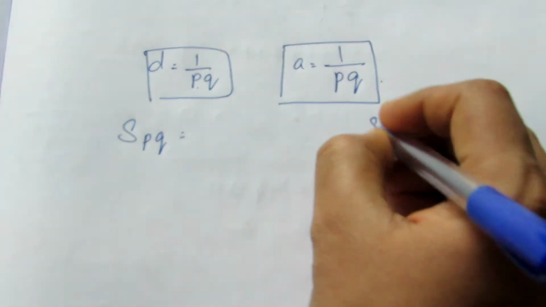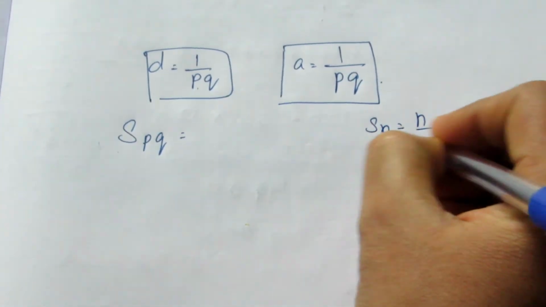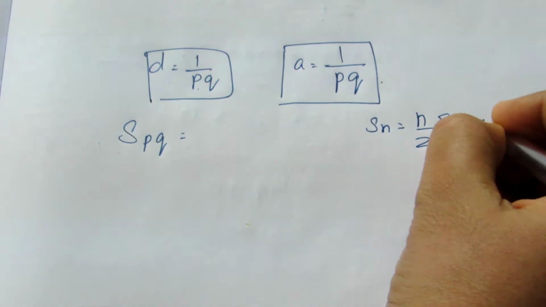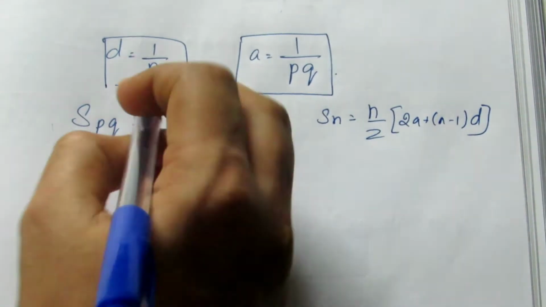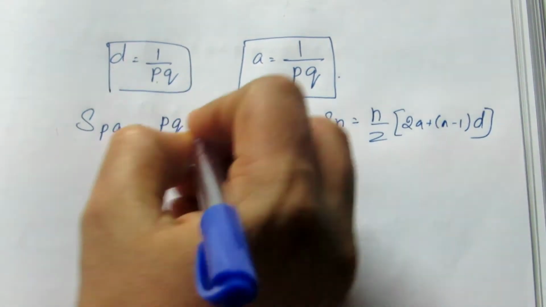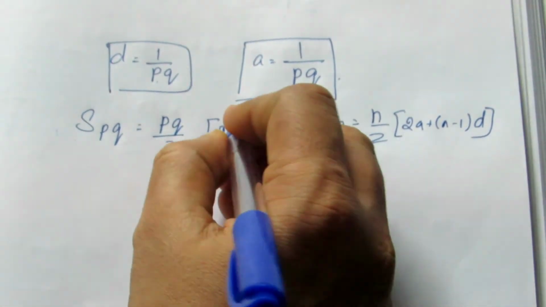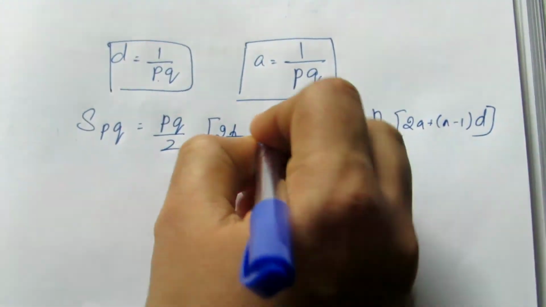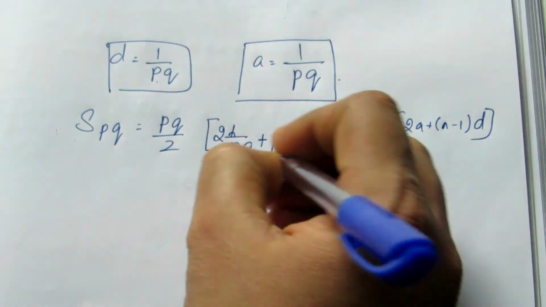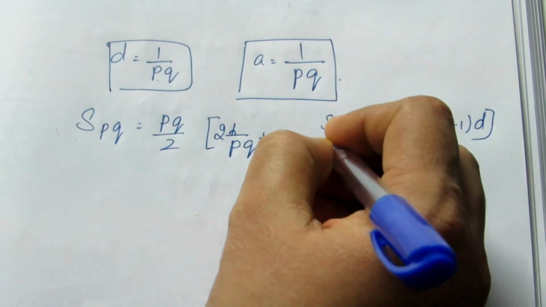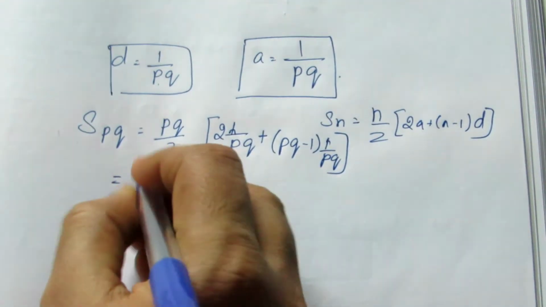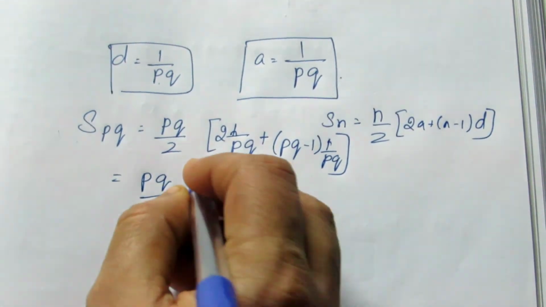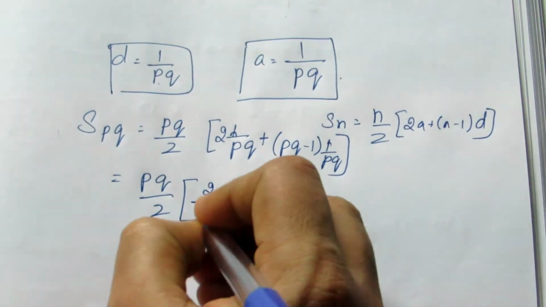So we know the S_n formula is equal to n by 2 into (2a plus (n minus 1) into d). Instead of n we have pq. So pq by 2 into 2a, we have 2 by pq, plus (pq minus 1) into d, d is 1 by pq. Just solve it. pq by 2 into 2 by pq.